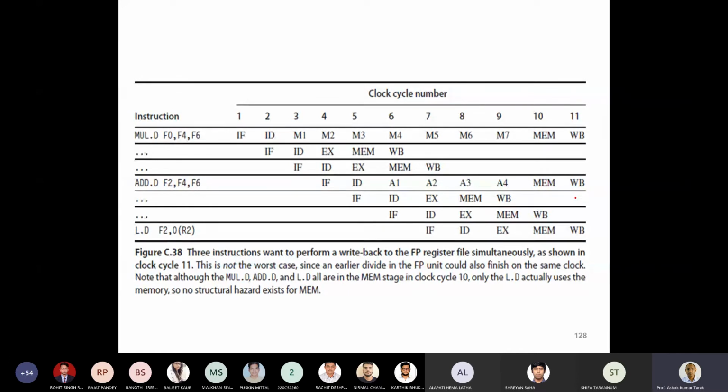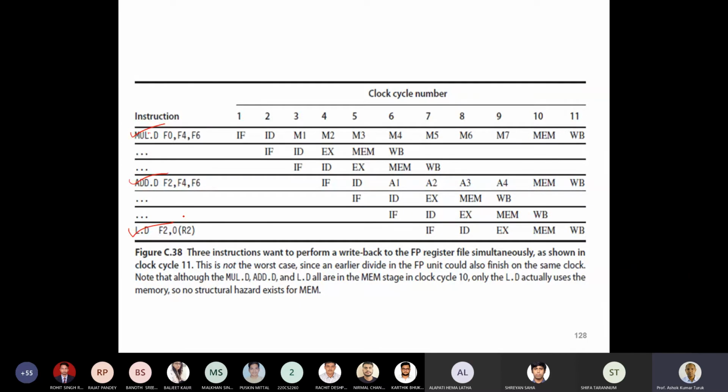If the register is F0, F1, F, it says that the instruction is a floating point instruction, and if it is R, then it is an integer instruction. So this is a floating point multiplier, this is a floating point addition, this is a floating point load. This is how you differentiate between floating point and integer. For integers, the register will be specified by R, and for floating point, by F.